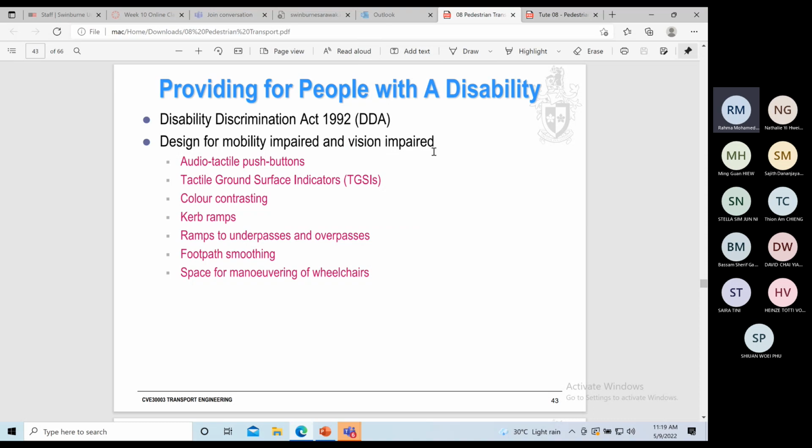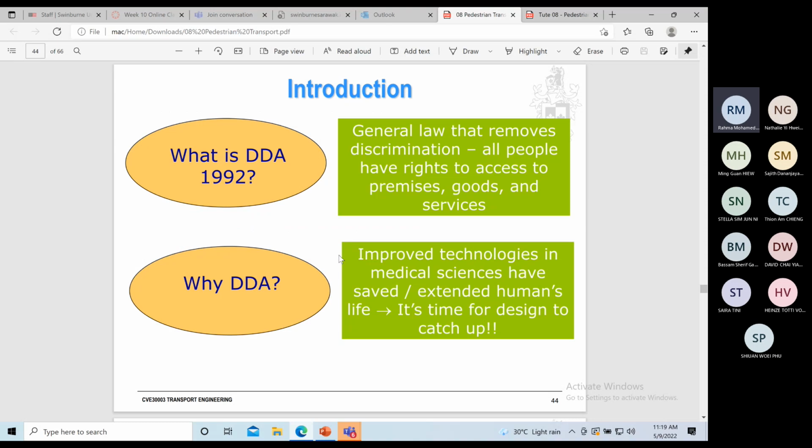So it aims at providing facilities like audio tactile push buttons, tactile ground surface indicators, color contrasting, kerb ramps, ramps to underpass and overpasses, footpath smoothing, and space for maneuvering of wheelchairs. So we'll look into this later.